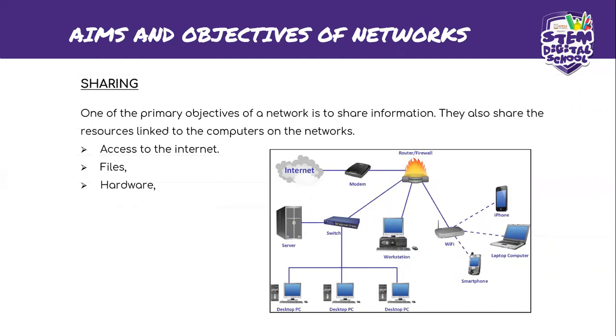One of the primary objectives of a network is to share information. They also share resources linked to the computers on the network. So, for sharing, networks are used for access to the internet.